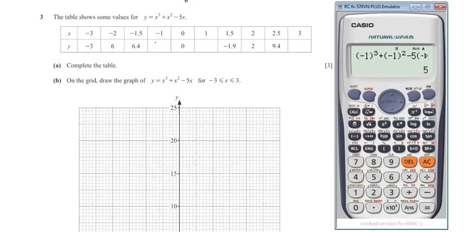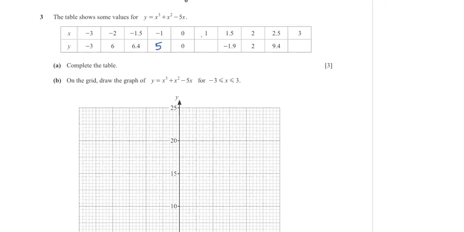Got 5. In the same way, put x is equal to 1. It will be 1 cube plus 1 square minus 5 into 1. 1 plus 1 minus 5, that is minus 3.